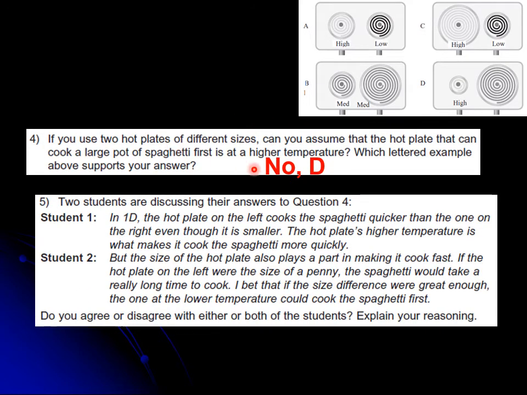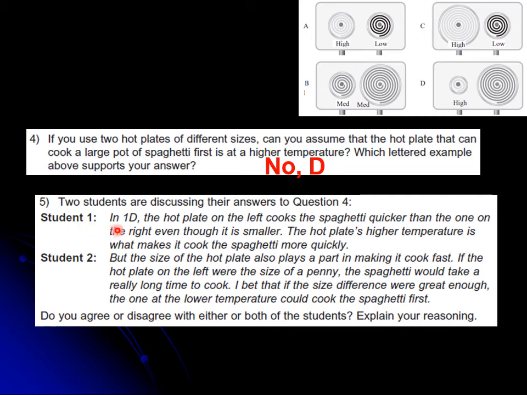In question number 4, I already got the answer, the answer of the previous one. But question 5, they are discussing the answer to question 4. Two students.